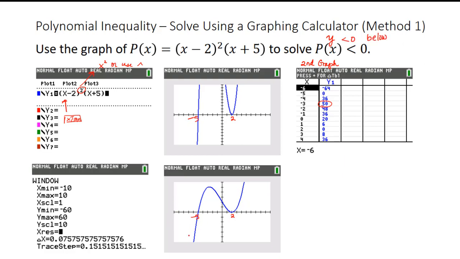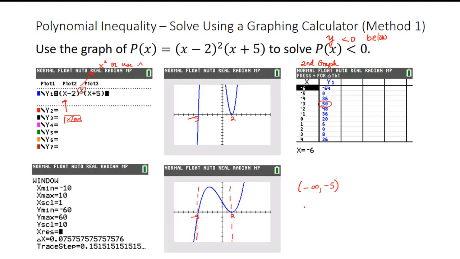Well, it is below the axis only to the left of -5, and it may be helpful if you draw a vertical line through those zeros, down through -5 and down through 2. So it is only below to the left of -5, which is from -infinity to -5. And since we want strictly less than, I cannot include the zero of -5, so I use a parenthesis in my interval notation for the solution set.